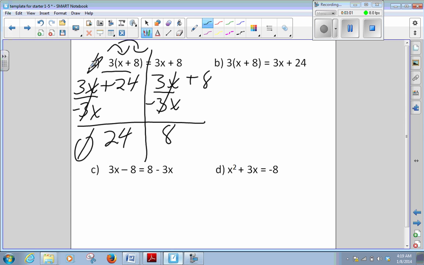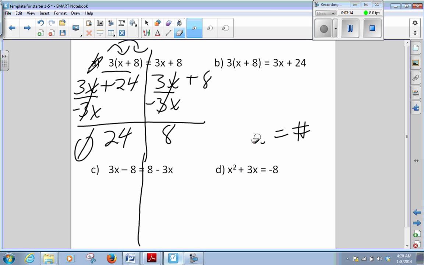So I'm going to go down here, like my little lazy river ride. I want to get my equation to the point that it has x is equal to some number on the other side. So in order to do that, for C, we have to get rid of one of these x's. I've either got to get rid of that 3x or that minus 3x.